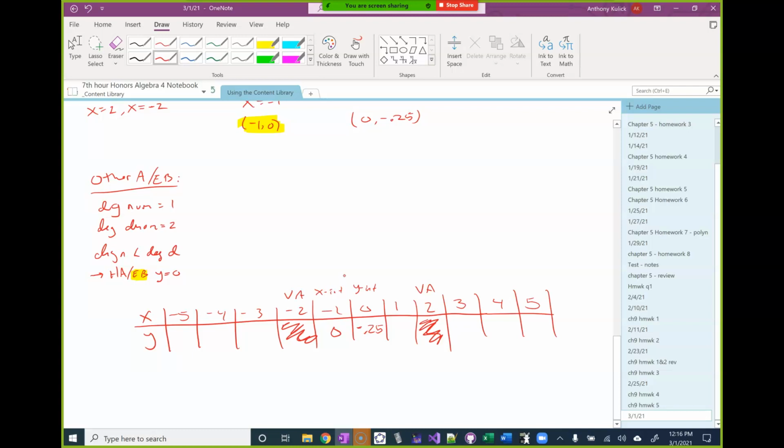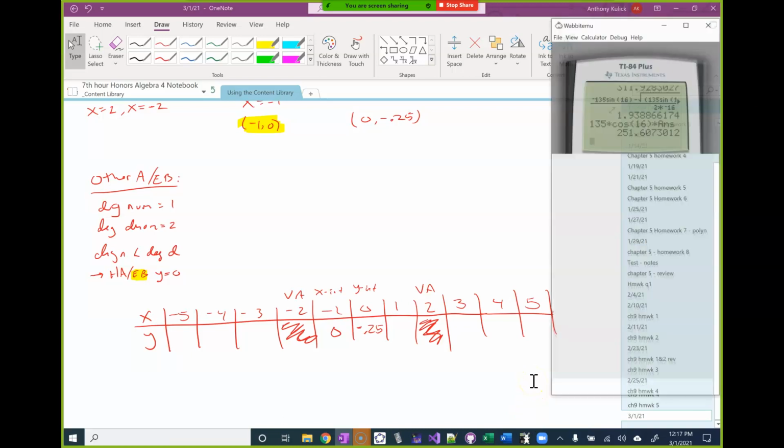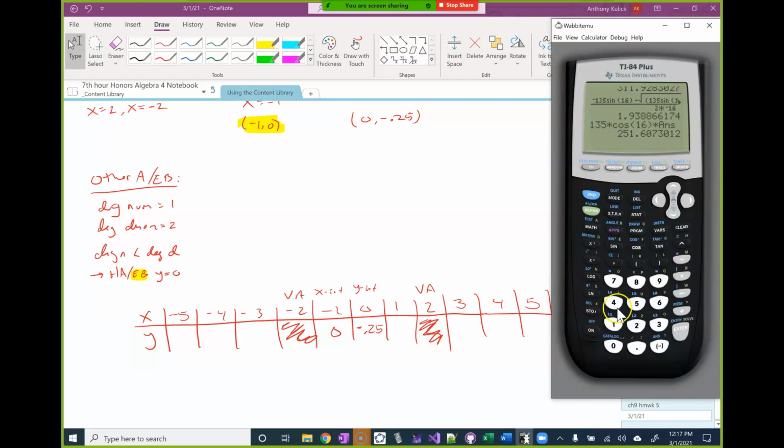So I got 2 of the points for free. I don't have to plug those in. The rest of these, though, I'm going to plug in. And probably the easiest way to get those points is to use our calculator, because here the numbers are complicated enough that it's just kind of a pain.